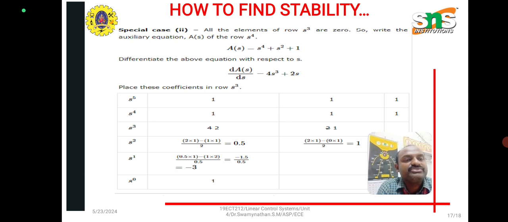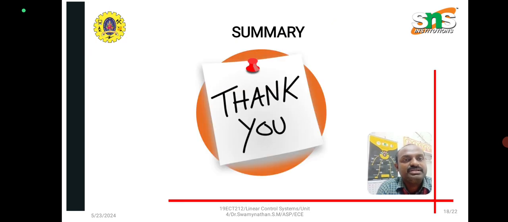Then differentiate the auxiliary equation with respect to s to get 4s cube plus 2s. These are the s cube and s power 1 coefficients, 4 and 2, divided by 2 gives 2 and 1, and continue the regular column. Then the s power 1 coefficient is minus 3. The first column sign has changed, so the system is said to be unstable. These are the stability conditions for the Routh Hurwitz criterion.